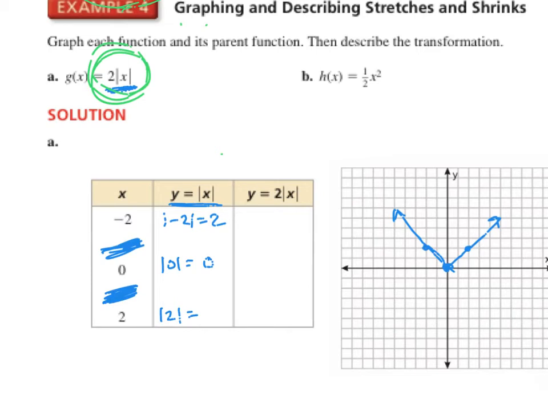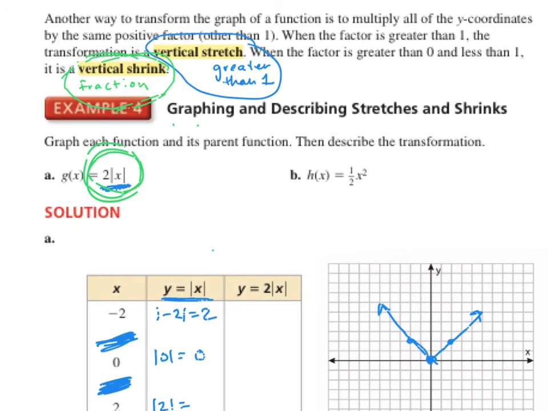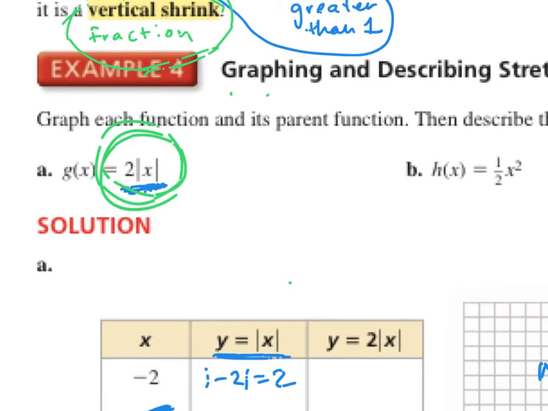It's going to be 2 times bigger, but what did we say these 2 types of transformation here are? We have a vertical stretch or vertical shrink. Or would it be a vertical stretch? A vertical stretch. And we can tell that just because this 2 is greater than 1. So before we even graph it, we know that the transformation that's happening is a vertical stretch. But let's graph it just to see.